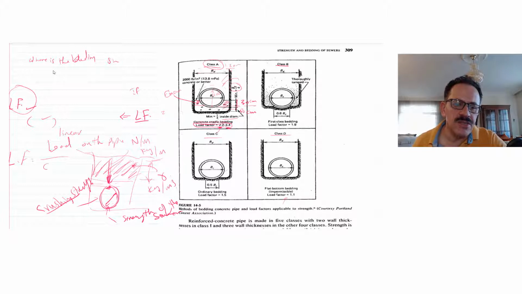A crushing strength means how many megapascals, or how many kilograms per 1 meter of this pipe it will be capable of being loaded until it gets crushed. Now dividing that load by the crushing strength will give you the load factor.